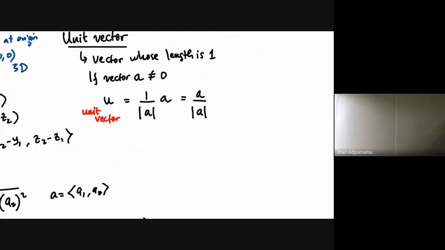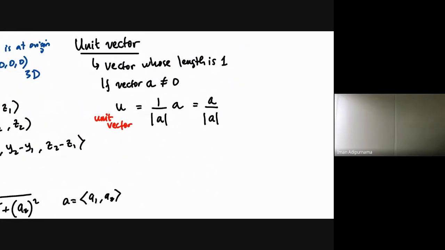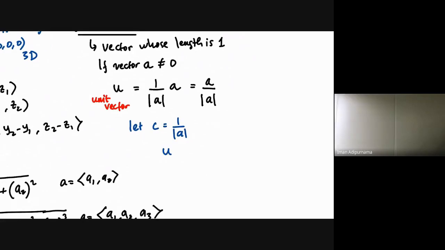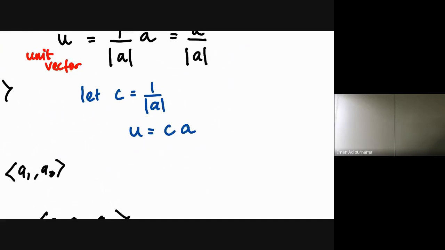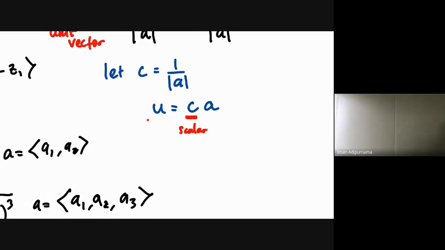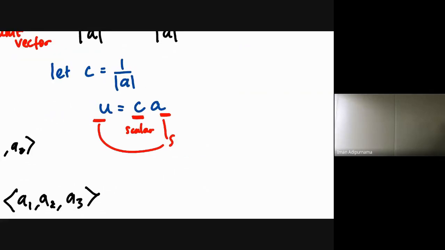To confirm this, we can prove it by letting C equal 1 over the magnitude of A, and then our U is CA. C is a scalar, right? Because it's only the magnitude of A. And because of that, U and A both have the same direction.